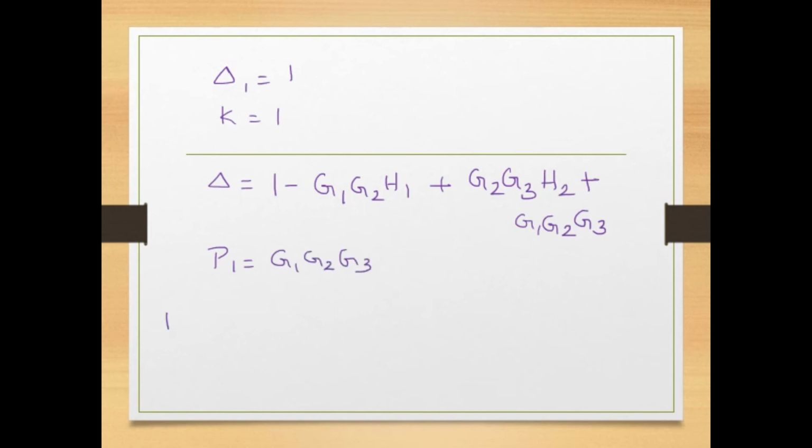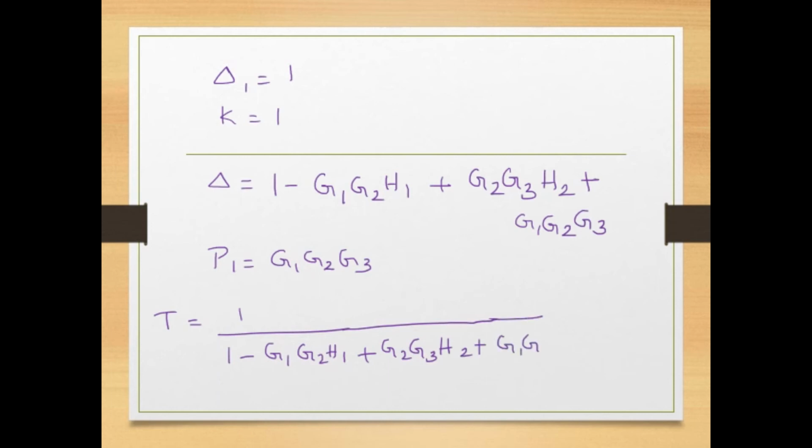So our transfer function T is equal to 1 by delta, where delta is 1 minus G1, G2, H1 plus G2, G3, H2 plus G1, G2, G3. Since we don't have many forward paths, K is only 1, P1 into delta 1. P1 is G1, G2, G3 and delta 1 is 1, so we can just write it as G1, G2, G3 itself.